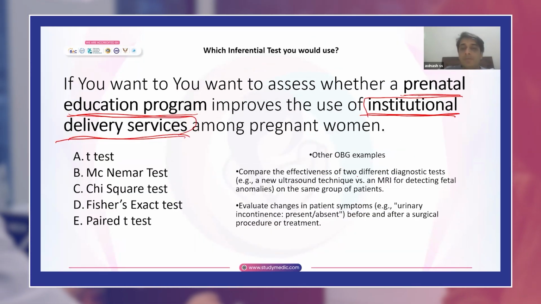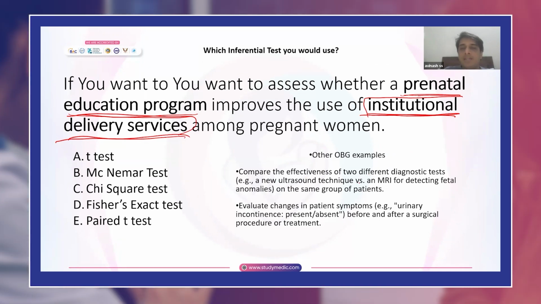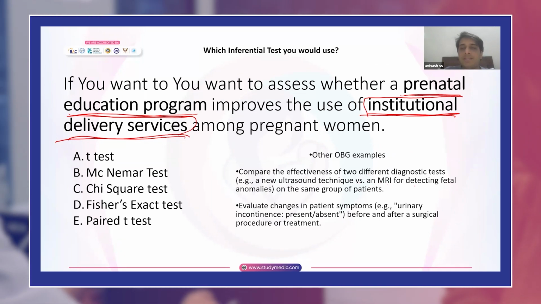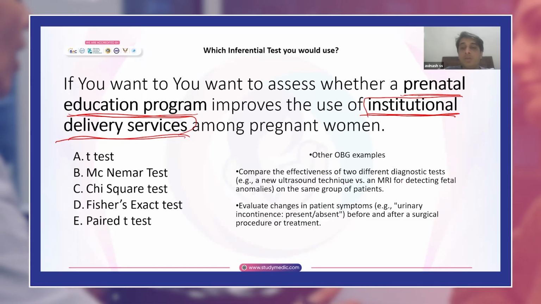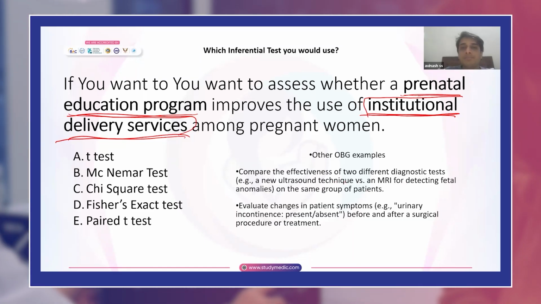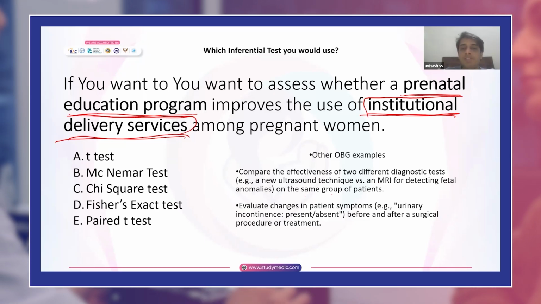To compare the effectiveness of two different diagnostic tests, that is ultrasound technique versus MRI technique: ultrasound positive, what about MRI positive? Ultrasound negative, what about MRI? That means both are categorical variables, and you want to check the same group of patients.